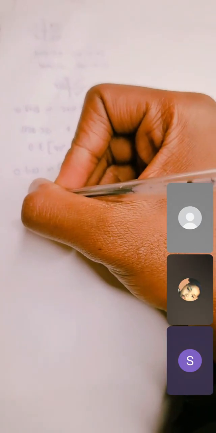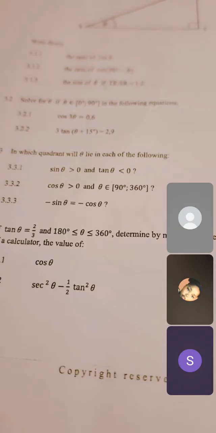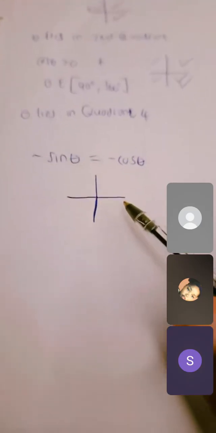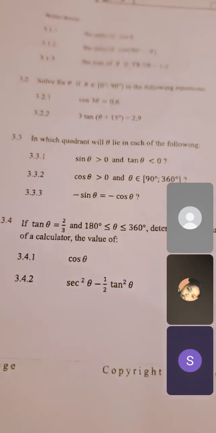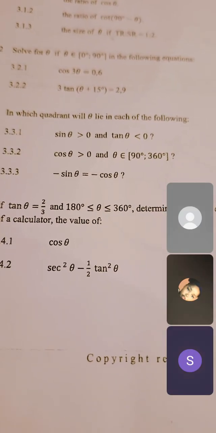Okay, the next one. In which quadrant is negative sine theta equal to negative cos theta? The third quadrant, I think. Negative sine theta, what does that mean? It's less than 0.